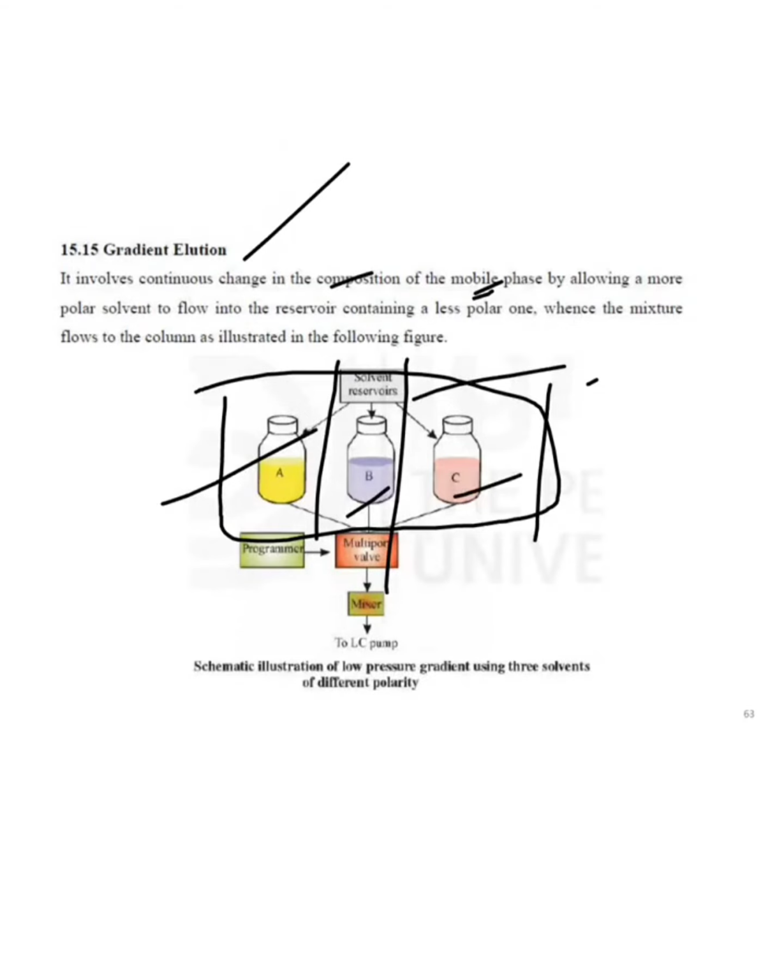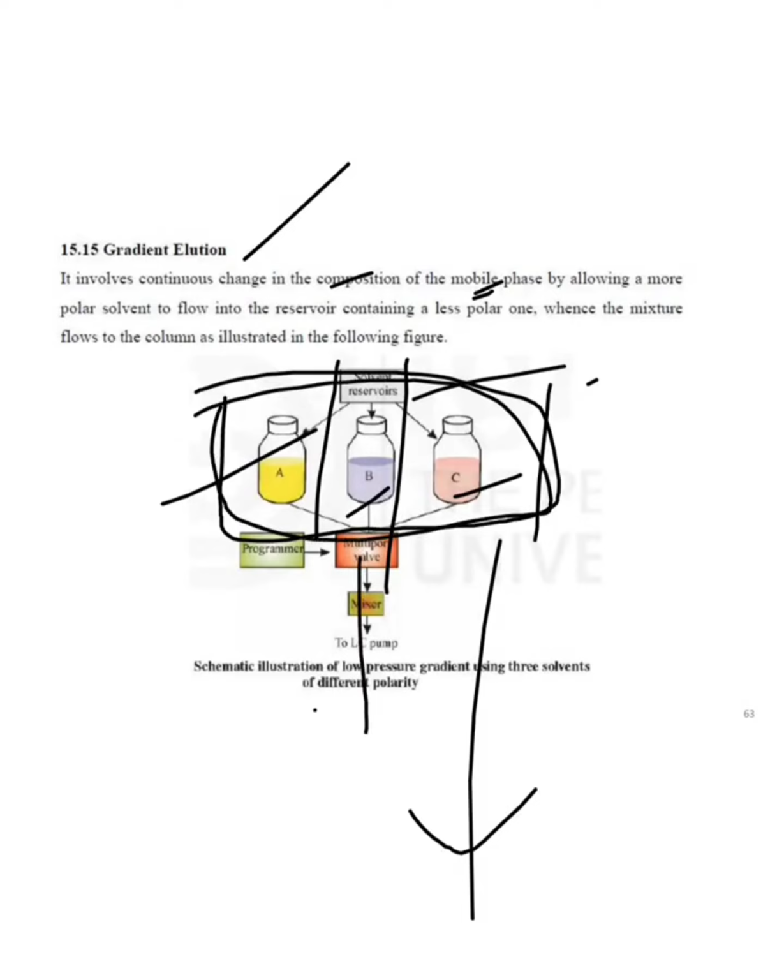So the samples get eluted which have more affinity towards the given solvent. So here, by gradient elution, the mixture flows to the column. Finally, this mixture flows to the column with different ratios.